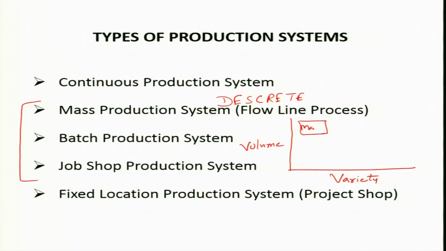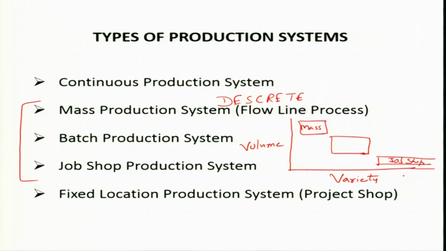That is the case for mass production system, where you are producing one type of car, one type of product in large quantities. Then there is a batch production system, where there is a moderate variety and moderate volumes. Most of the examples here are ancillaries, or companies which are producing several models from the same set of machines. So, you are producing variety and volume. And then there are customized products, the job shop production system, tailor-made items, where the variety is very large.